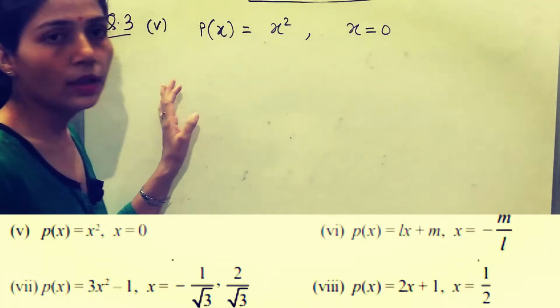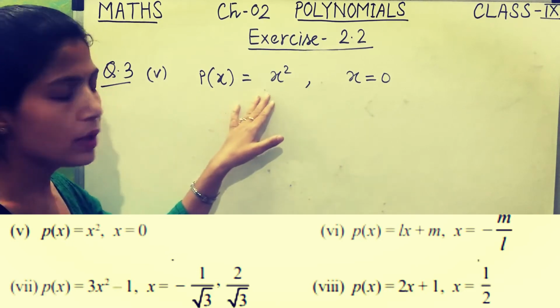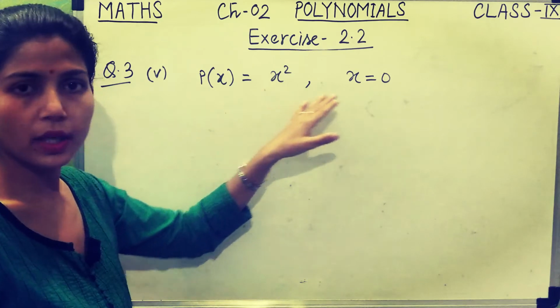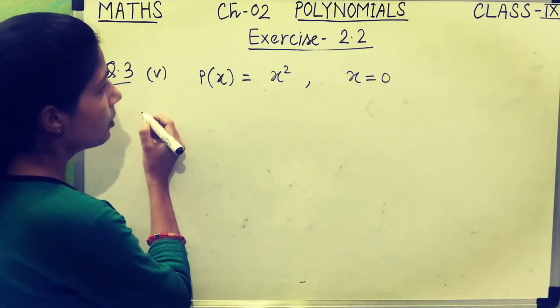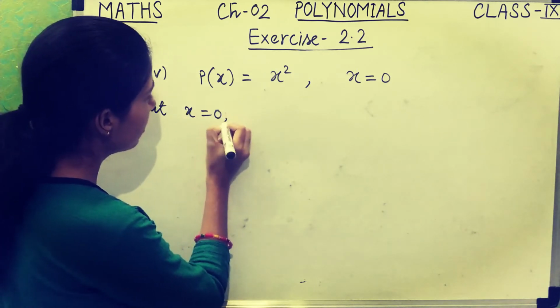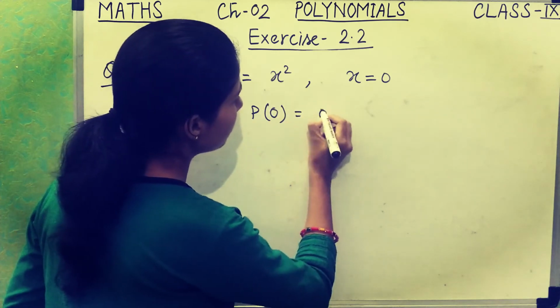Now the fifth part, p(x) equals x square. You have to check whether x equals 0 is a zero of this polynomial. In the same way as in previous parts, at x equals 0 the value of the polynomial is 0 square.